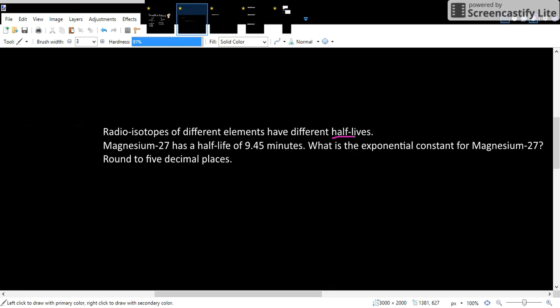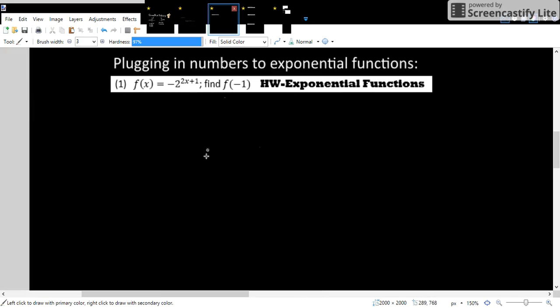So if you underline the word half-lives, that would be one of your key terms. That indicates that it's going to be a decay exponential function. Okay, let's move on.